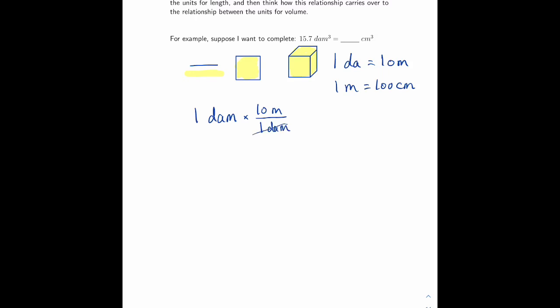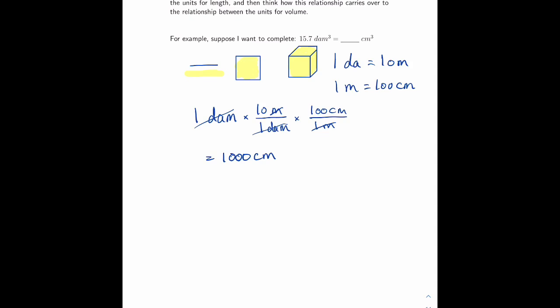So my decameters cancel. And now I have meters on the top that I want to cancel, so I multiply by 100 centimeters over 1 meter. And I end up with 1,000 centimeters, which makes sense. There's 100 centimeters in a meter, and then 10 of those gives me 1,000 centimeters.